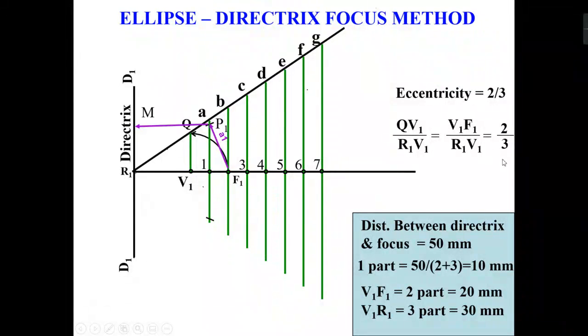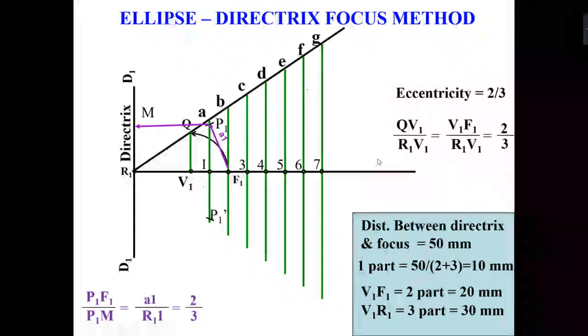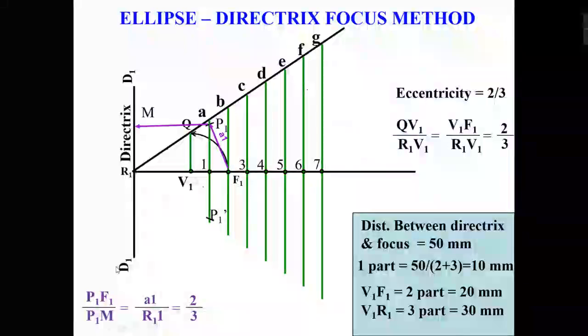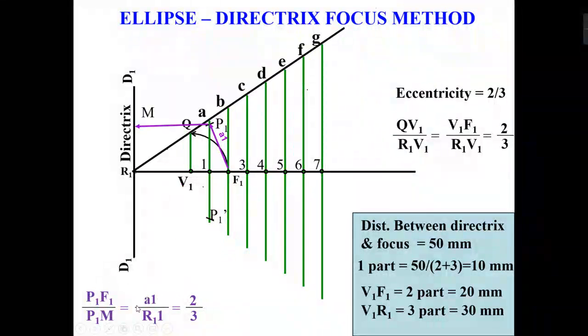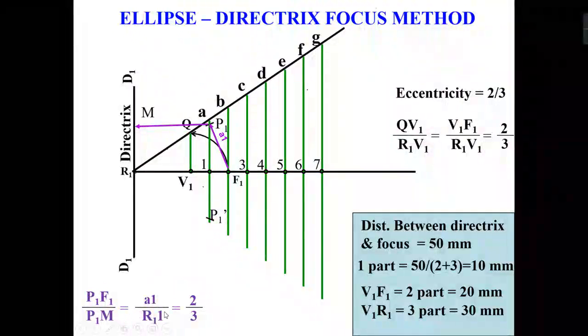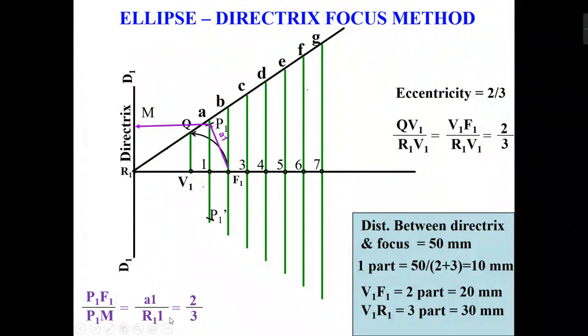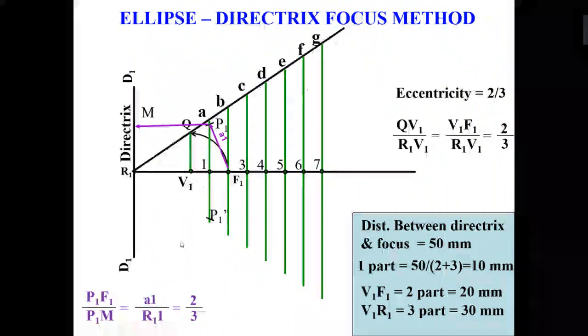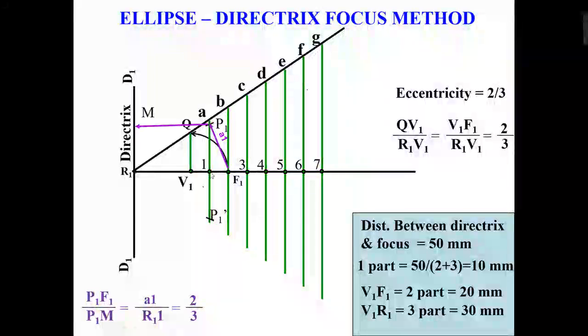How? This is your P1 F1, which you can write as A1, and this is your P1 M, which you can write as R1 1. So A1 V1 and R1 1 is nothing but 2 by 3.